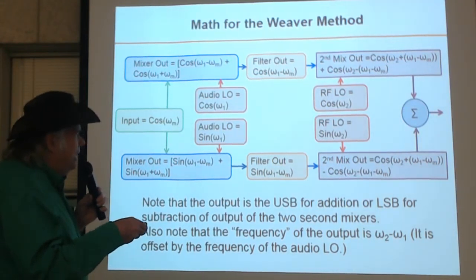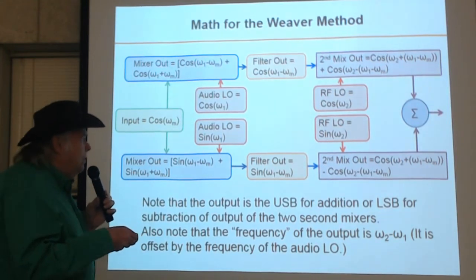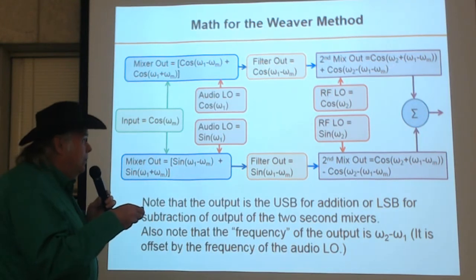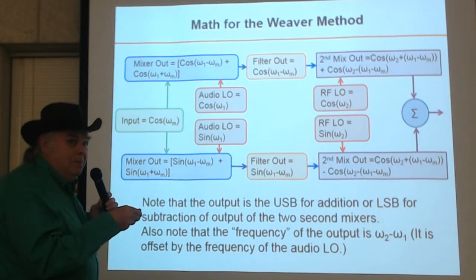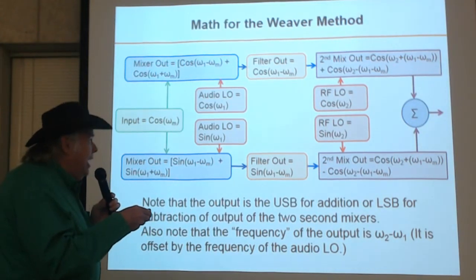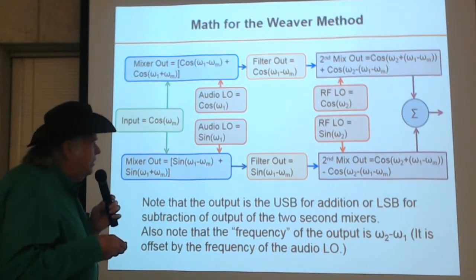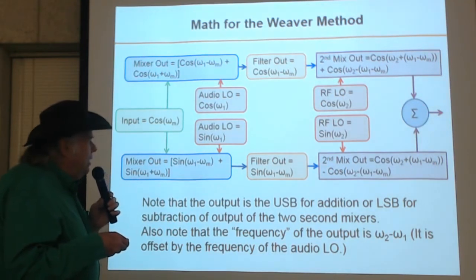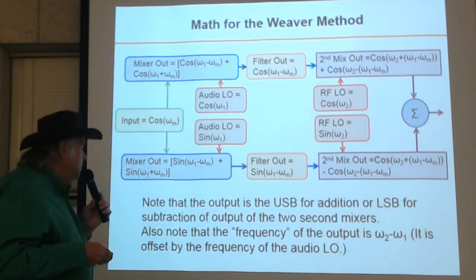So again, I can go through the adding network, and when I add and subtract these together, just like in the case of the other FM by phasing, the terms will cancel out because we have, again, a minus cosine plus cosine. So if I add them together in this case, I'm left with the upper sideband, and I'm left with the lower sideband if I take the difference between the two.